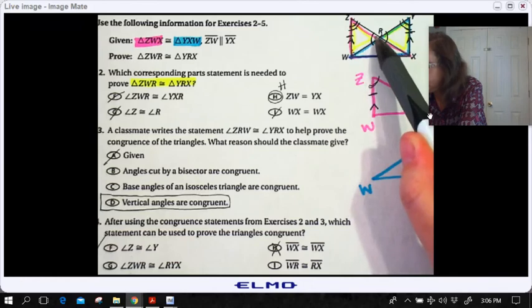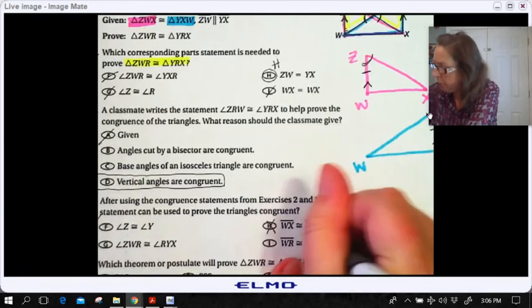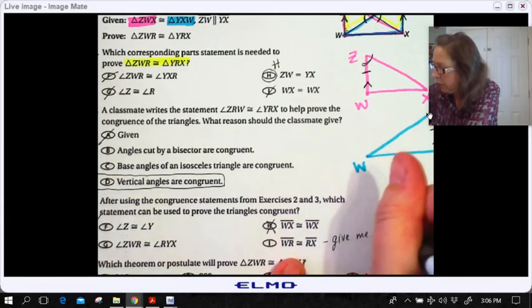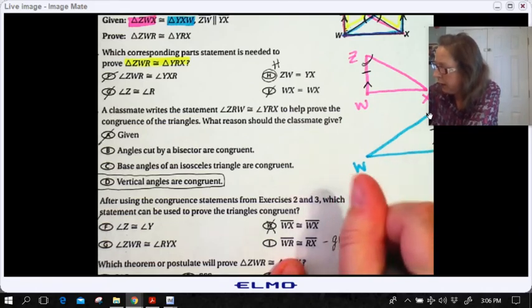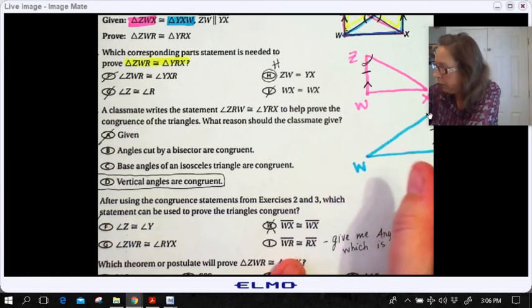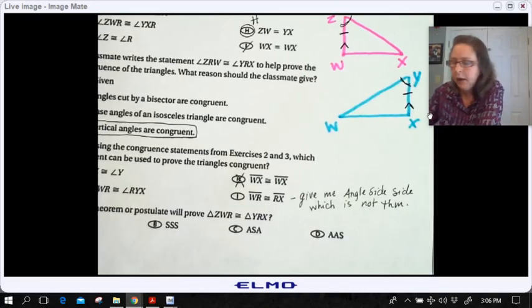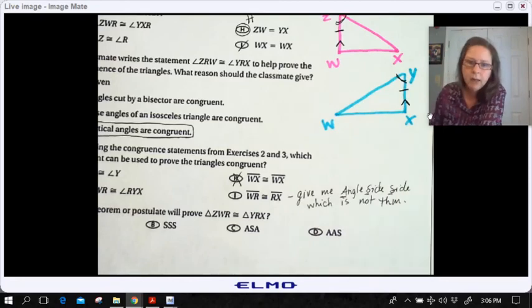Well, that would give me angle, side, side, which is not a theorem, okay? Angle, side, side is not a theorem.